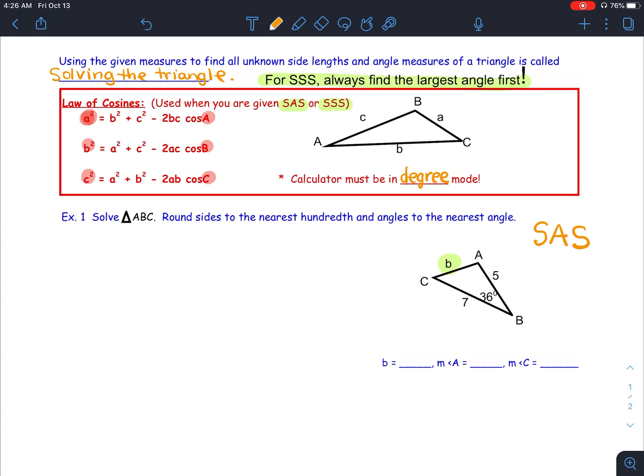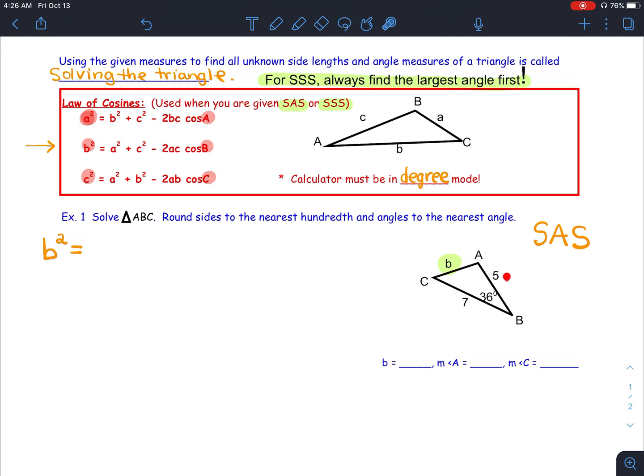So if we're finding side b, I'm going to focus on this middle version here of the law of cosines. And we're going to start by putting side b squared on the left side, because it's always the side squared on the left. Okay, what you'll notice, there's a bit of a pattern here. After the equal sign, it's each of the other two sides squared and added up.